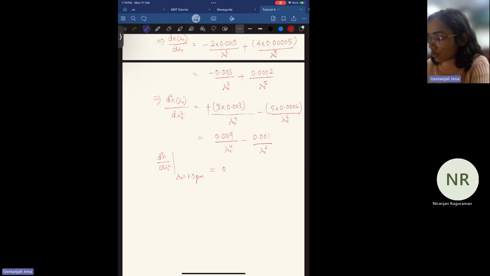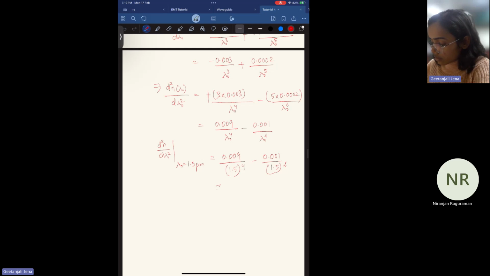So this will be 0.009 over 1.5 to the 4 minus 0.001 over 1.5 to the 6. And if you calculate it, it will come around 1.69 into 10 to the minus 3.